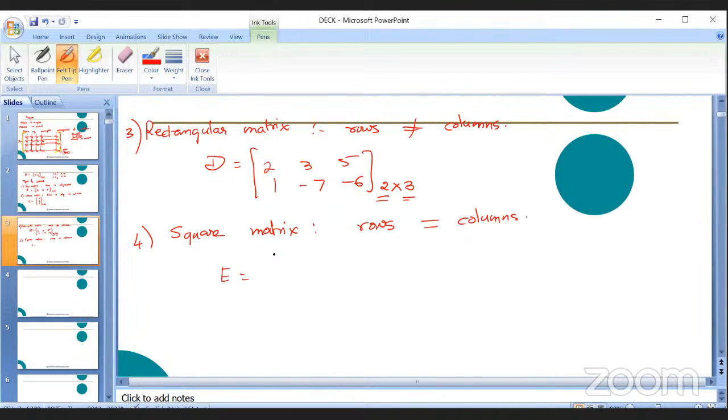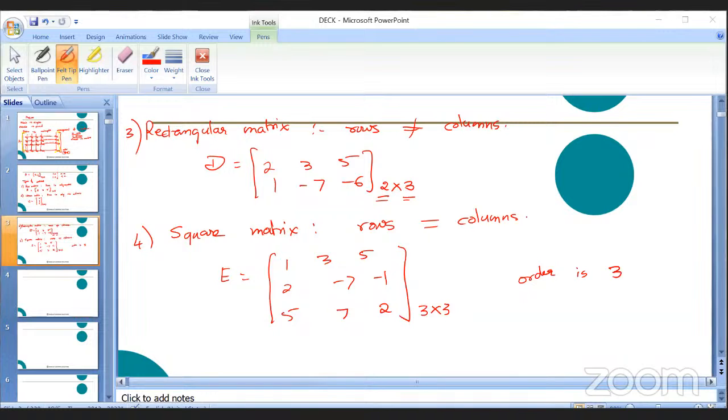For example, in matrix E, suppose there are 3 rows and 3 columns. 3 by 3 is the order. Or you can even say the order is just 3. It looks like a square. That is why it is called a square matrix.